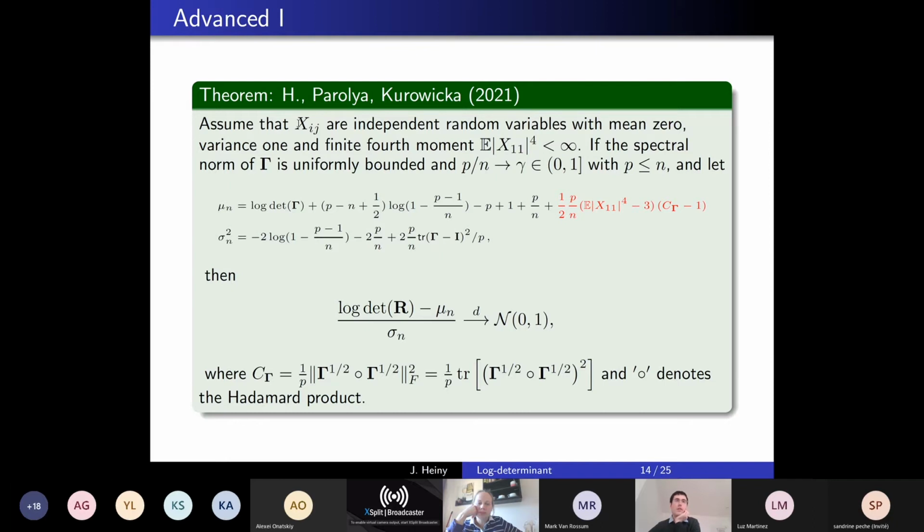For this, we will assume that our noise random variables are independent, mean 0, variance 1, and have a finite fourth moment.